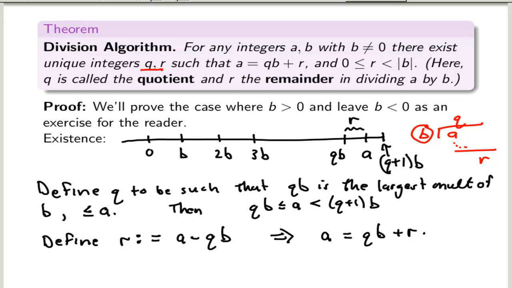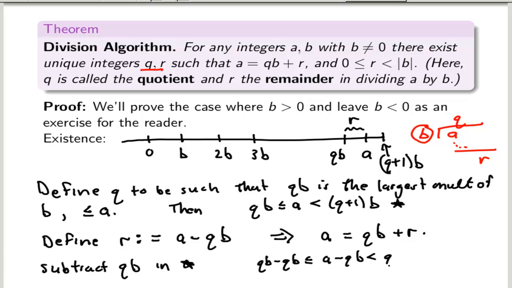Then we want to show the remainder is smaller than B. So come back to this inequality right here and just subtract QB. We'll get QB minus QB less than or equal to A minus QB, strictly less than QB plus B minus QB.